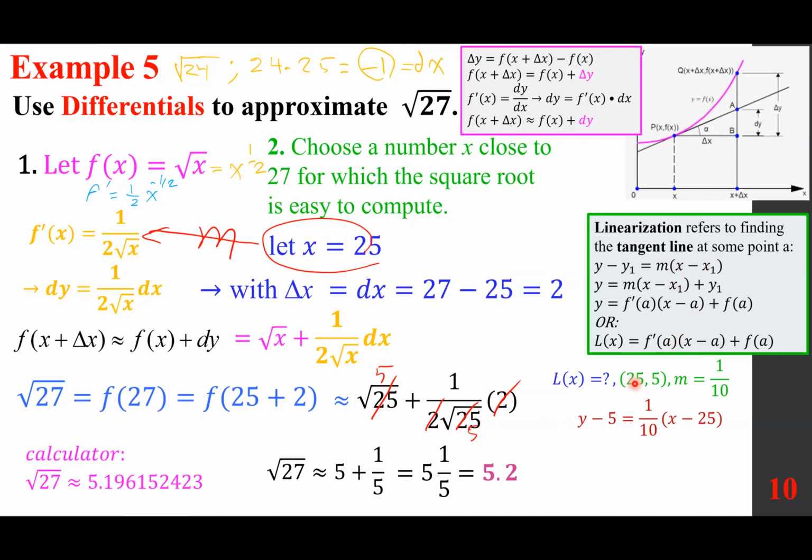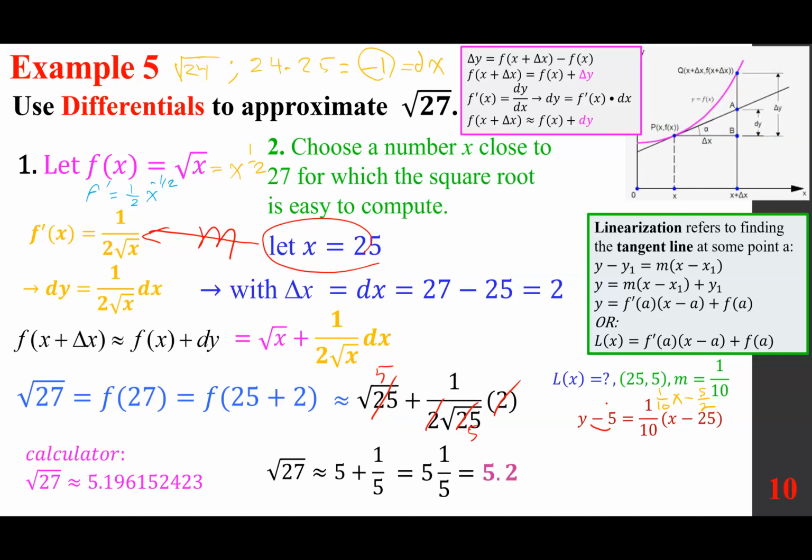So on the right side, everybody, I have 1 over 10 times x minus 25 over 10, 25 over 10 or 5 halves.